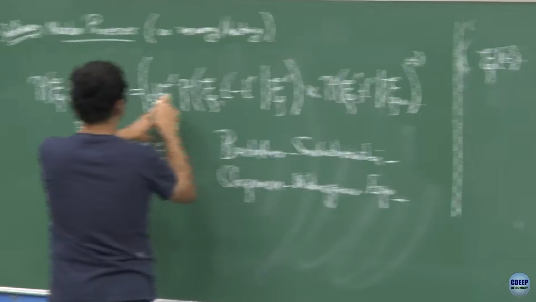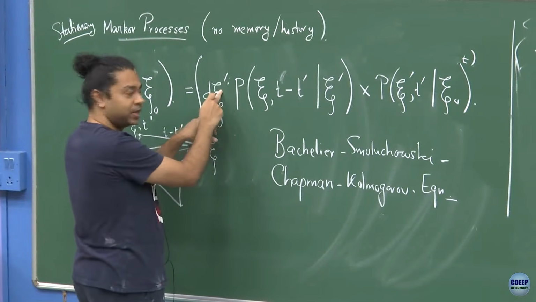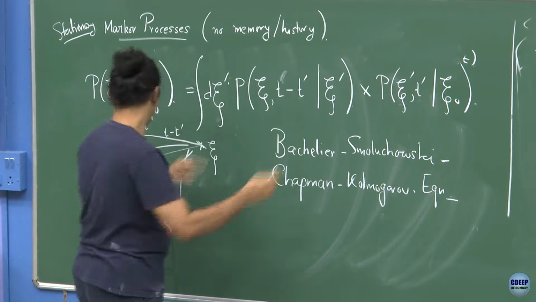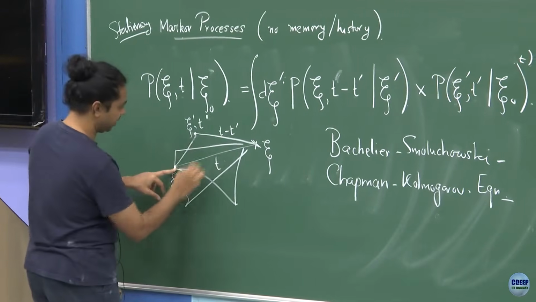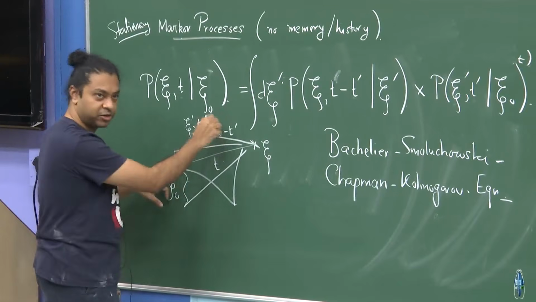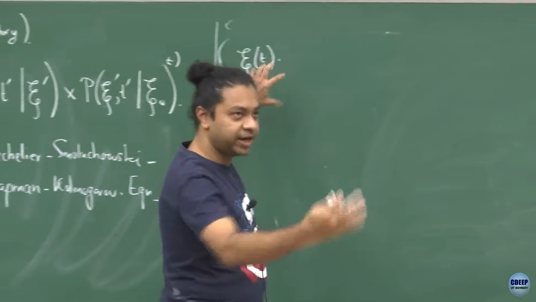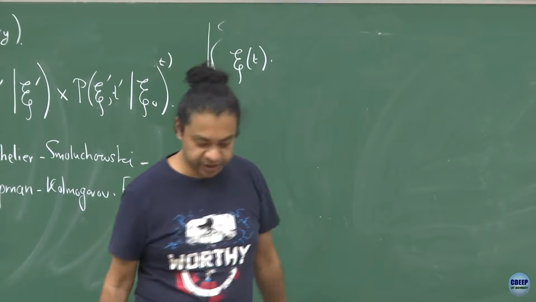So, when I say I am integrating out over xi prime, this is xi prime at some instant of time t prime. So, if you were to reach this xi prime at some other point of time, then that would be a different stochastic process that you are integrating over. So, yes, you are right, but that is built into this integration.